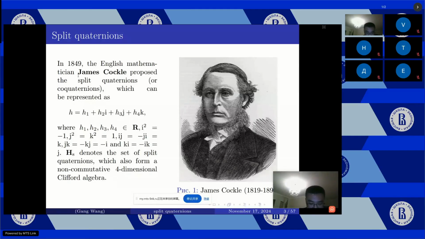It can be expressed as h = h1 + h2 i + h3 j + h4 k, where i, j, and k are three imaginary parts. Let HS denote the set of split quaternions. HS is similar to the set of quaternions. It is also a non-commutative four-dimensional Clifford algebra.